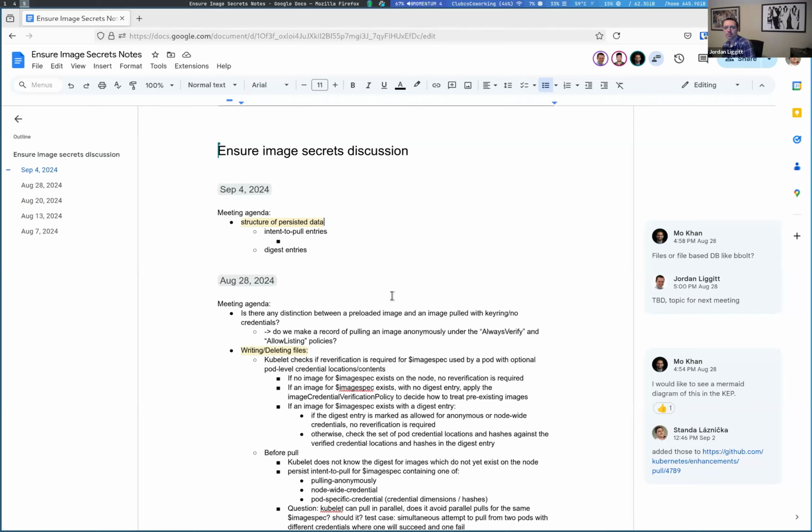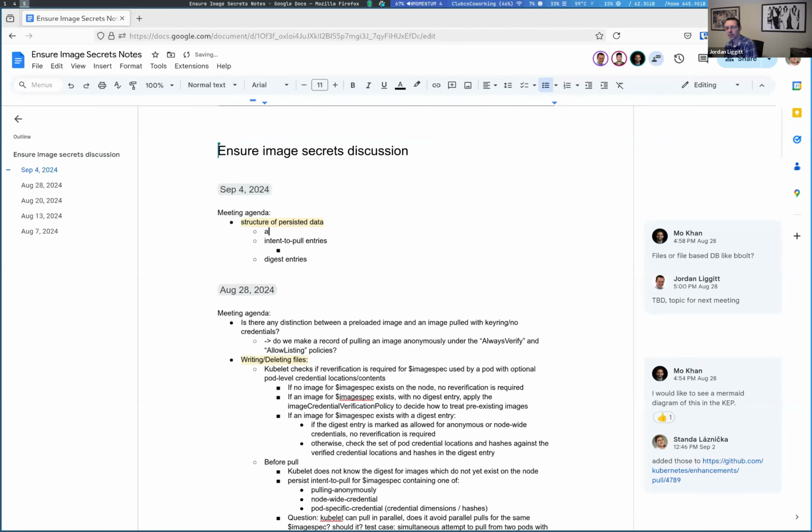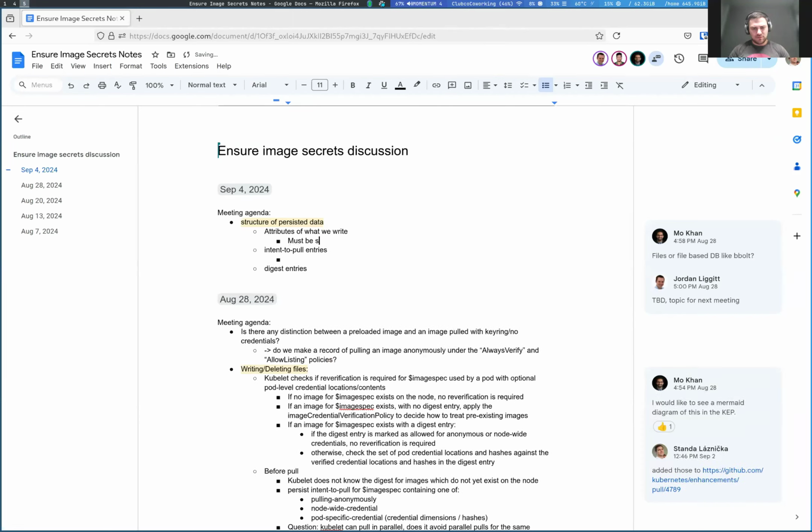Maybe we could start by describing some of the attributes of what we write. So I think whatever we write needs to be structured in some way so that we can evolve it in the future. Add fields or adjust how we do something. It probably needs some mechanism for versioning.